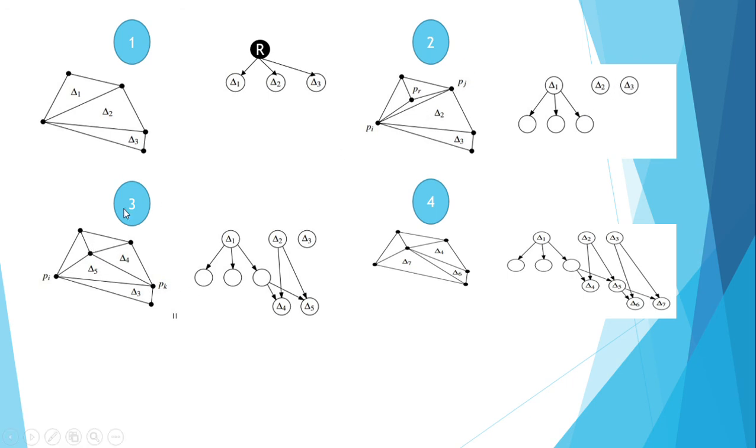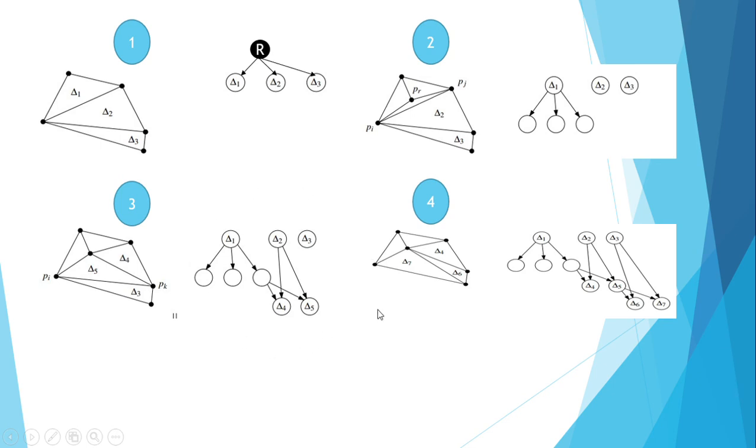After flipping the edge, that is legalizing the edge, we find that delta 2 is converted into delta 4 and delta 5, with pipk as the flipped edge.